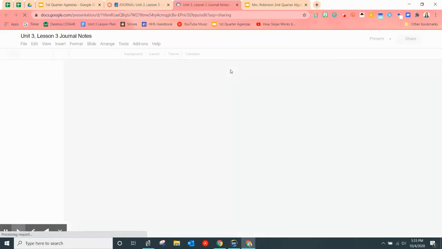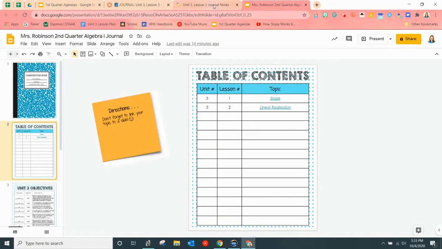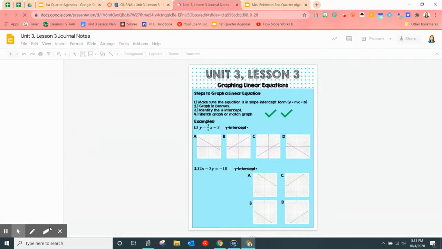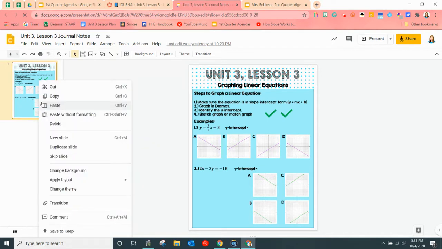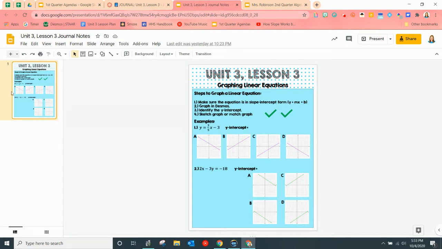Okay, so let's go here. Let's grab this journal slide. And I already have my journal opened up over here on this tab. So let me wait for this to load. So it's just one slide today. So again, you can click with 2 fingers on your Chromebook and copy it, or if you want to hit Control-C, that would copy it, but you have to click and Control-C over here on the side.